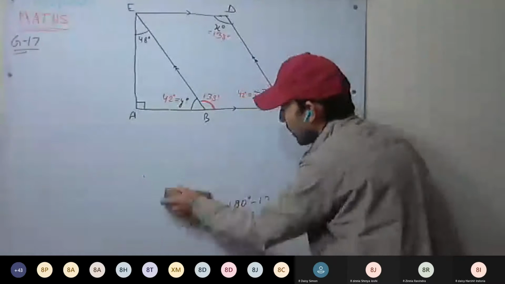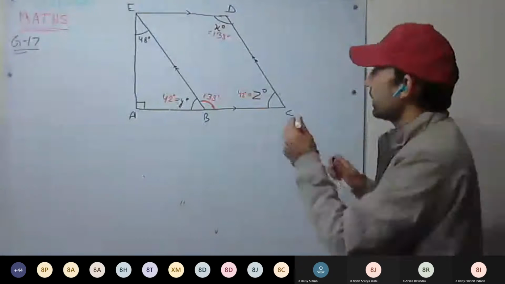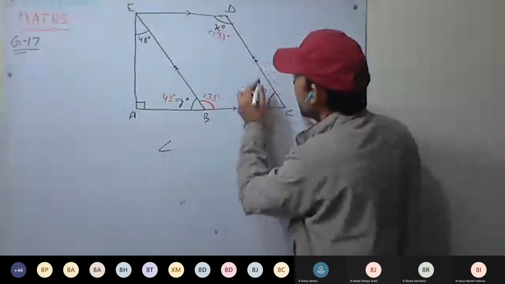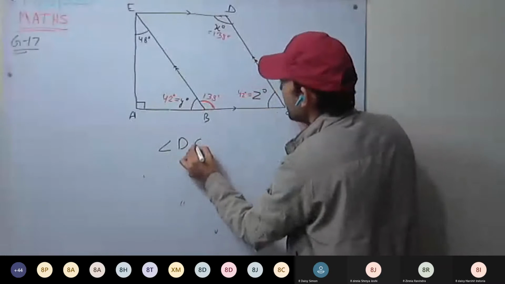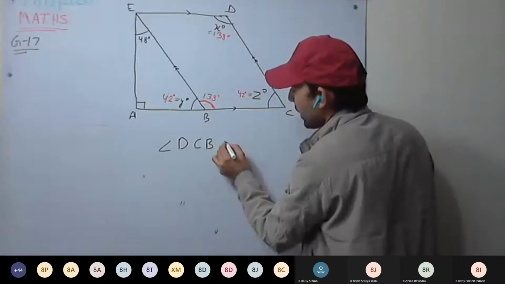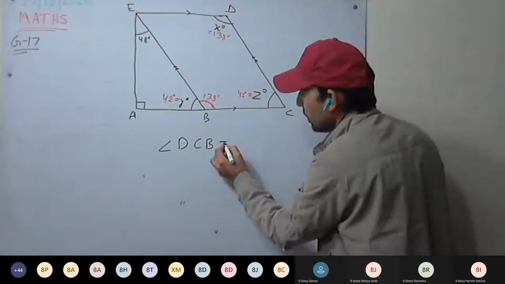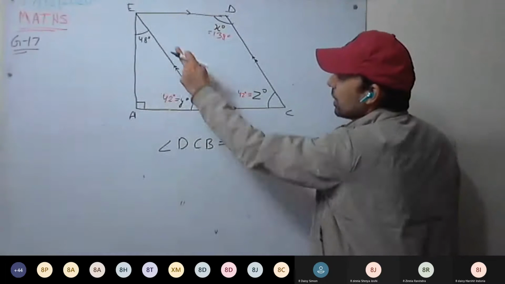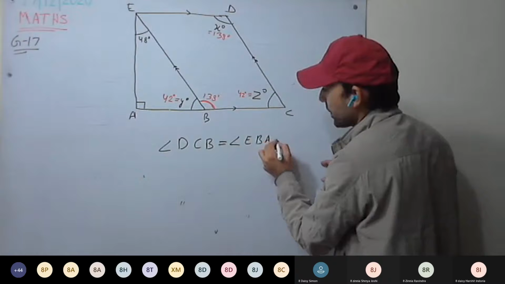Okay, so how to write? I provide one step here. See here, angle DCB equal to angle EBA.